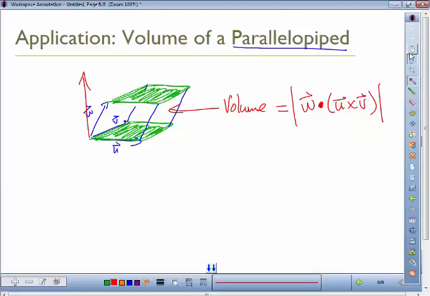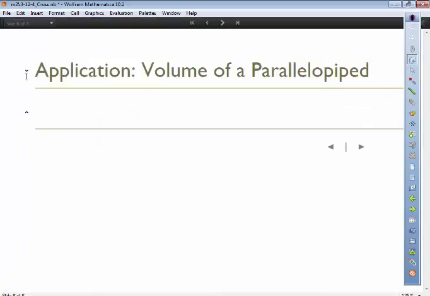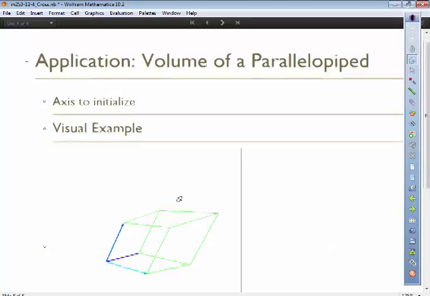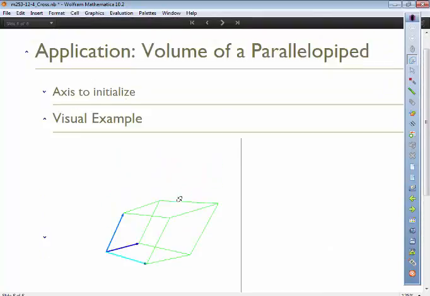All right. Let's see if I have an example here. I don't have numbers, I just have the drawing.